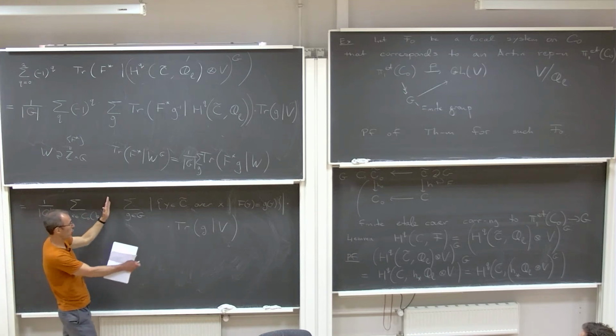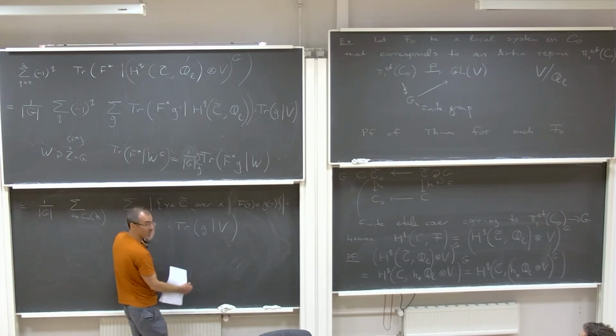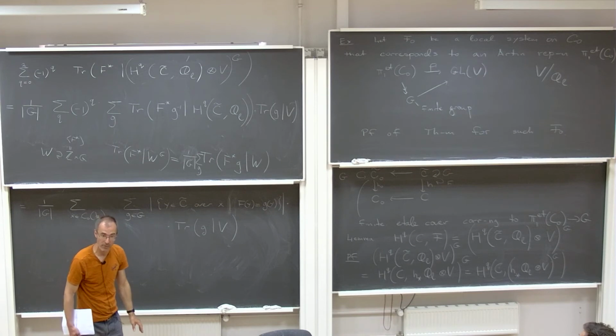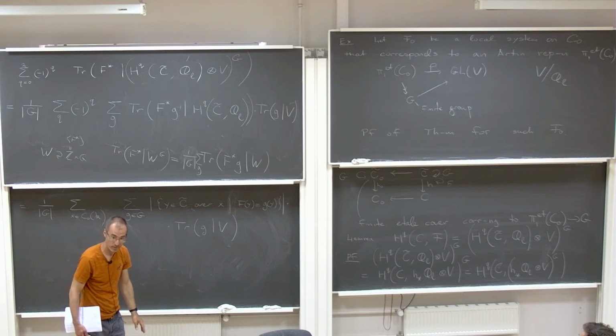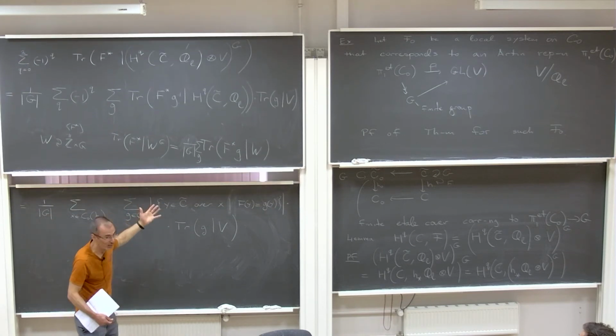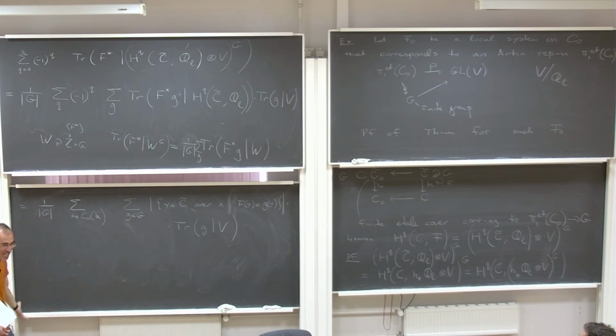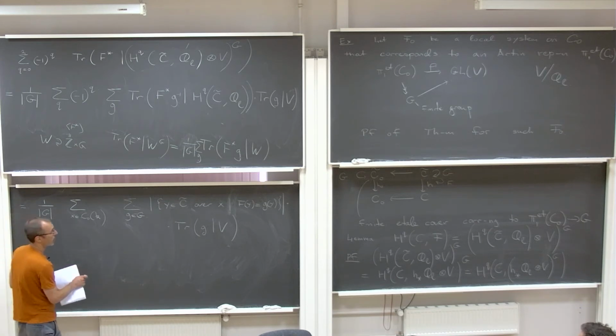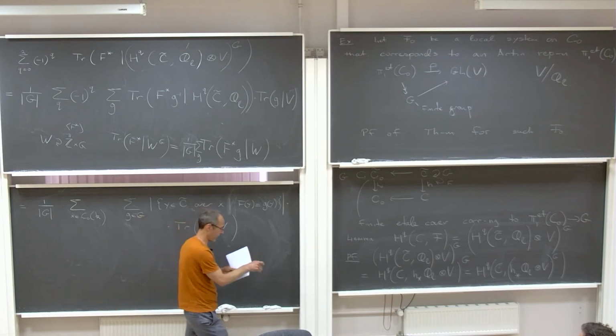So we want to show that this is precisely the trace of the geometric Frobenius acting on the fiber. This cannot be difficult. It amounts to some finite sets with action of finite groups. Let's see what happens here. Let me draw another diagram.